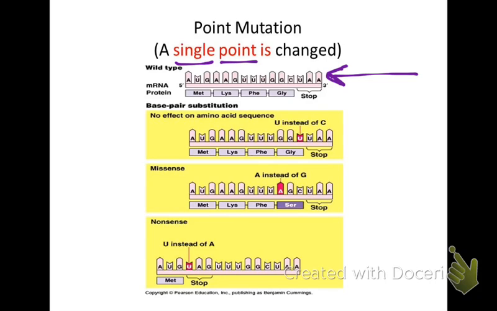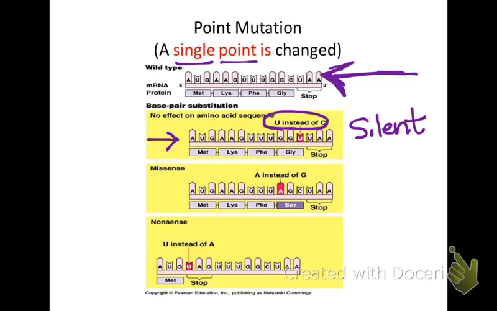So in that, you're going to have things like a silent point mutation. If you look right here, all of these letters are the same on this messenger RNA. The first one is our normal, what it's supposed to look like. All of those are the same until you get here and you have a U instead of a C. GGC codes for glycine.